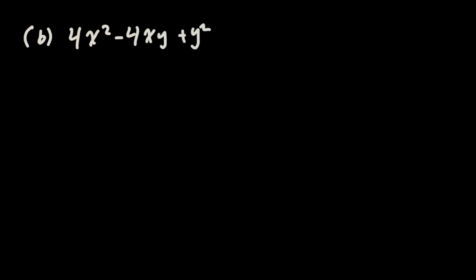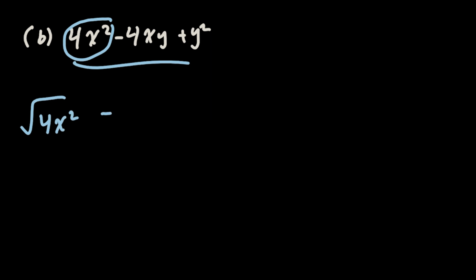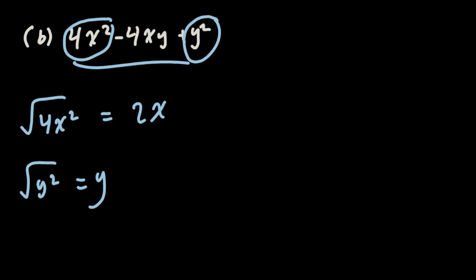Let's see part B. In part B we have this expression and we want to factor it. It appears that this expression is a perfect square expression. Let's see whether it is or not. We take the square root of this term. The square root of 4x to the power 2 equals 2x. Then the square root of y to the power 2 equals y.